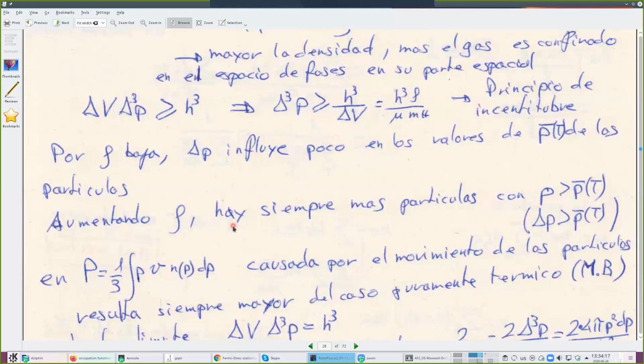This limit also imposes that the distribution of this rectangular shape is no longer influenced by the temperature, but by the density, because it depends on the Fermi energy and not on the thermal energy.